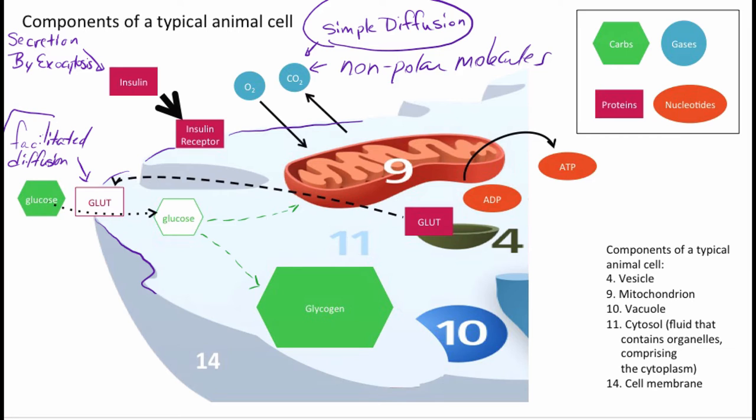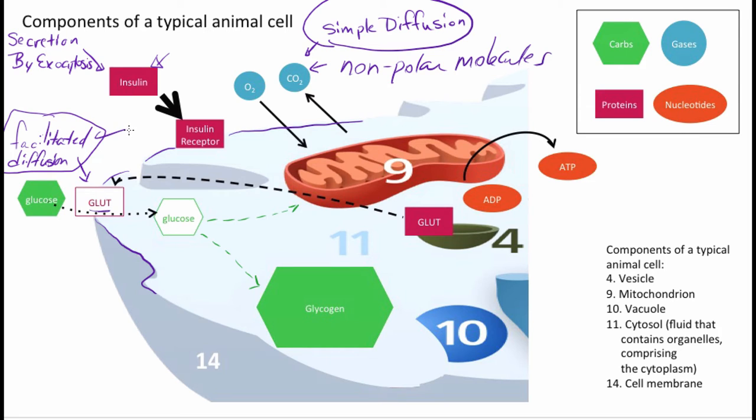Larger molecules, but not too large, can be transported across the membrane by these very special and very specific transport proteins in a process called facilitated diffusion. And what about insulin? You know, insulin is made by cells in your pancreas.